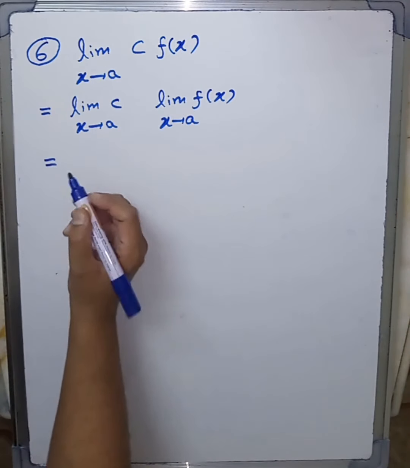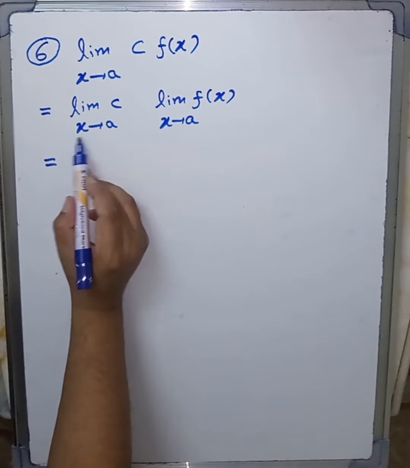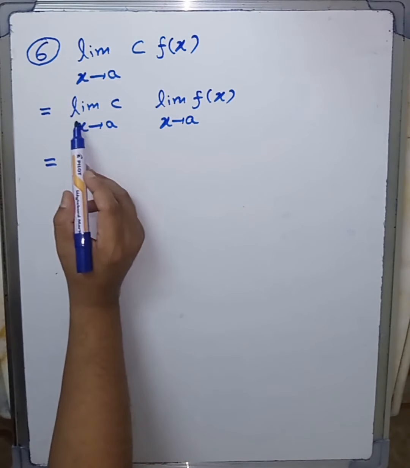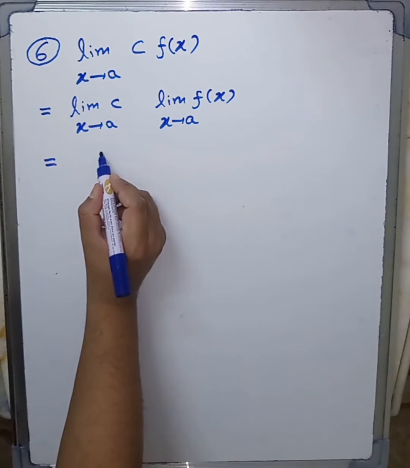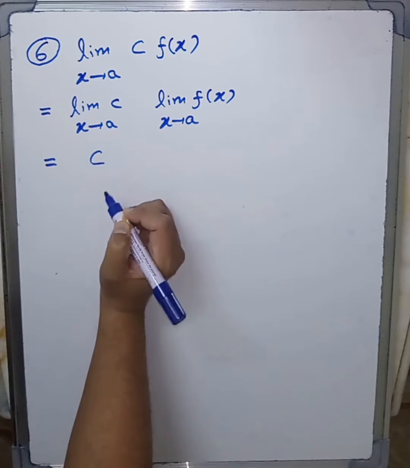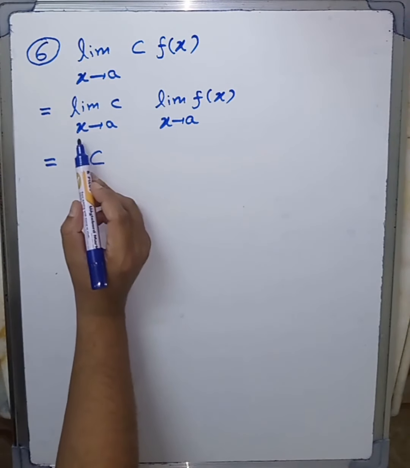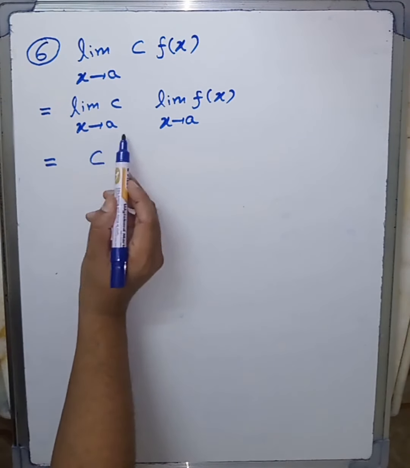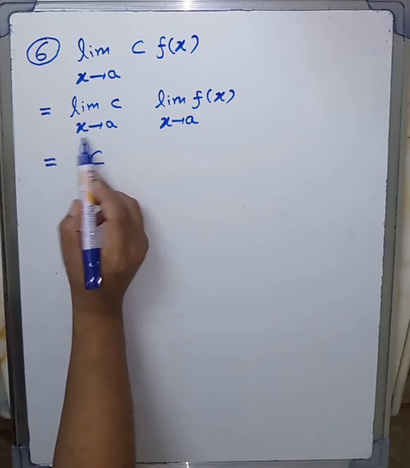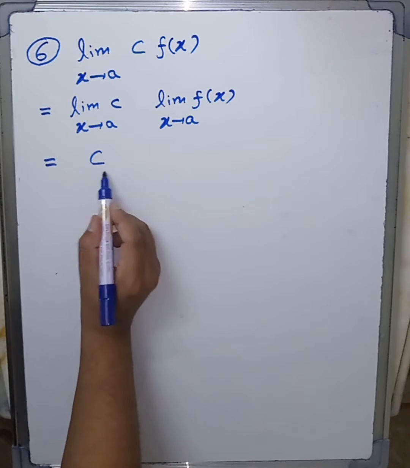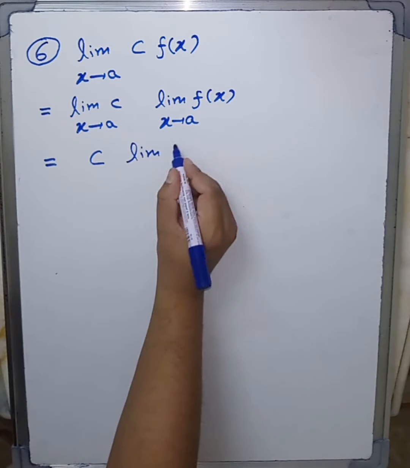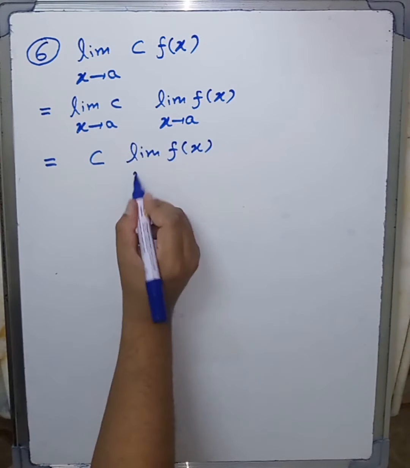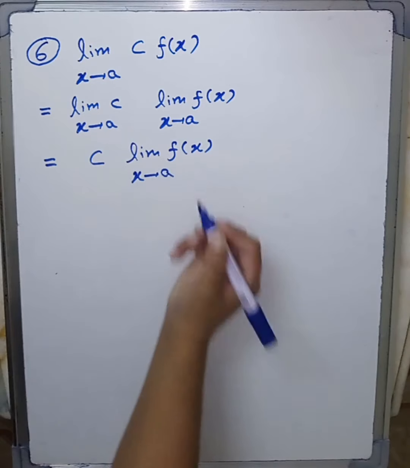And now, using property number 1, we know that limit of a constant is the constant itself. Therefore, limit of c as x tends to a will be c, multiplied by limit of f(x) as x tends to a.